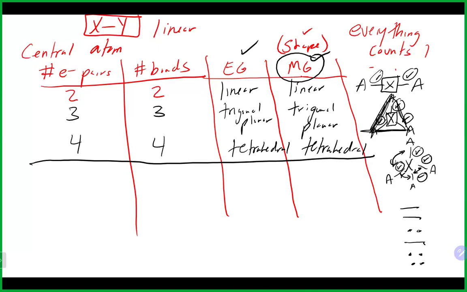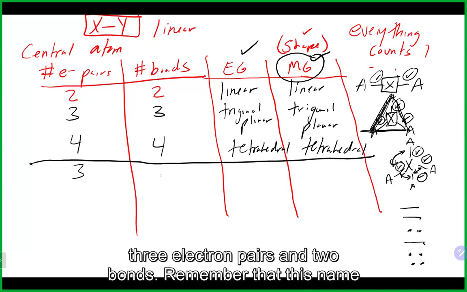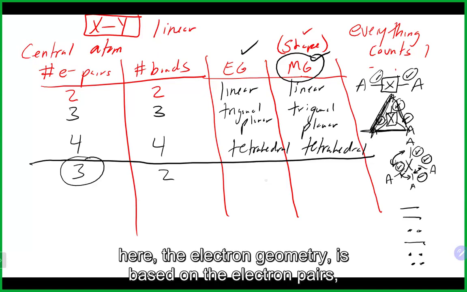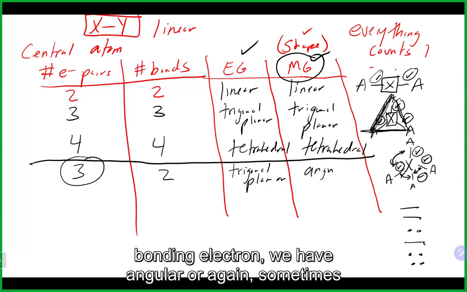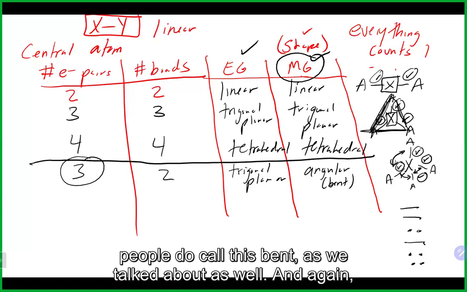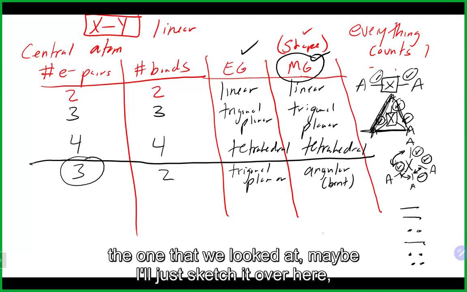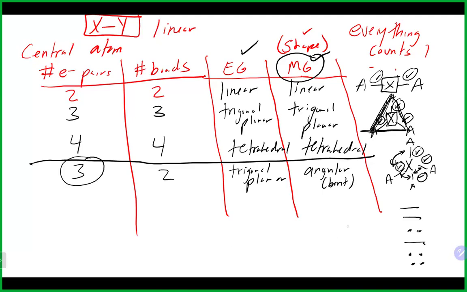So we saw 3 electron pairs and 2 bonds. Remember that this name here, the electron geometry, is based on the electron pairs, which is trigonal planar. And again, because we had that non-bonding electron, we have angular, or sometimes people do call this bent, as we talked about as well. And again, the one that we looked at, maybe I'll just sketch it over here.